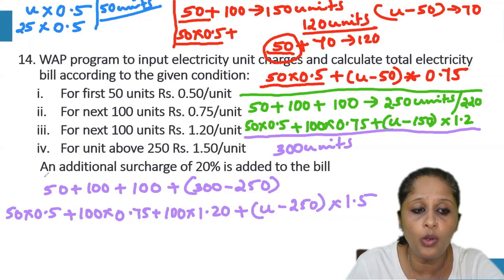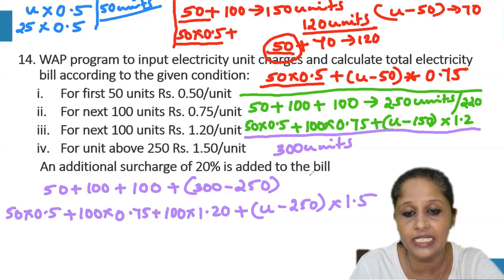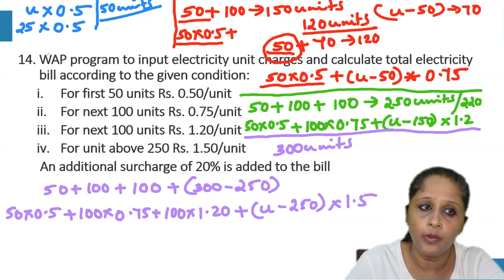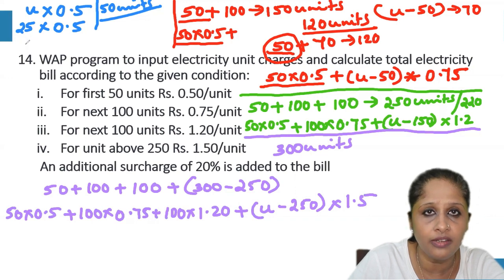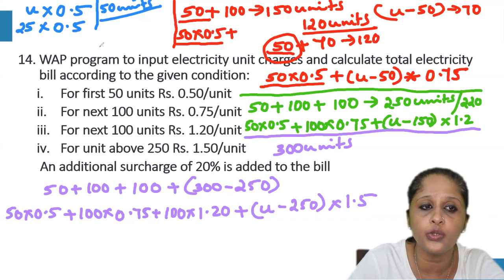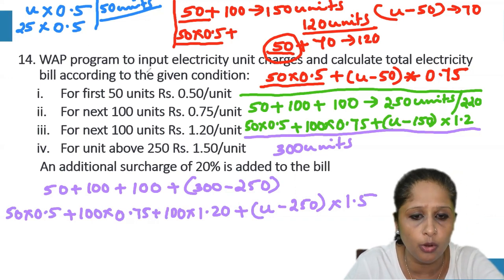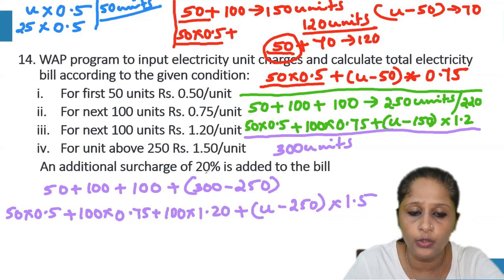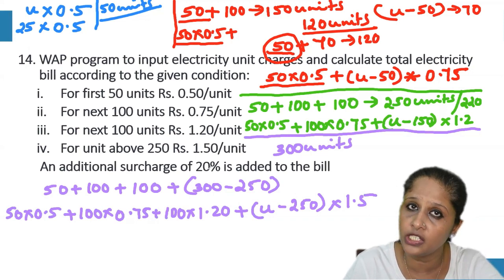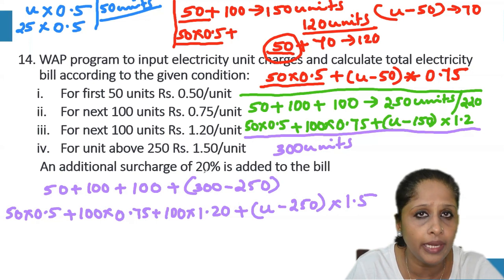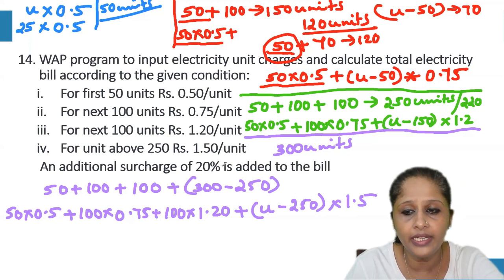Now we have one more condition: an additional surcharge of 20% is added to the bill. Suppose the person is using 25 units, then 25 into 0.5 gives some amount. To that amount we have to calculate 20% and add it. So that is the final bill.